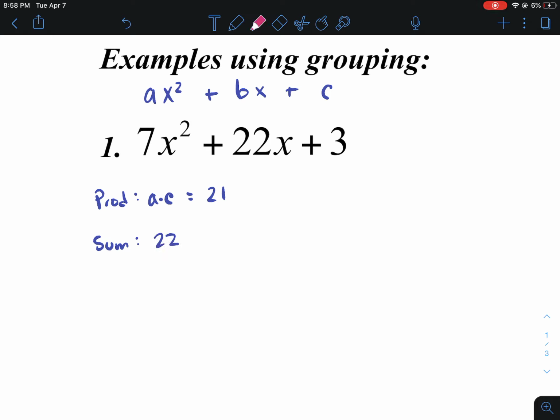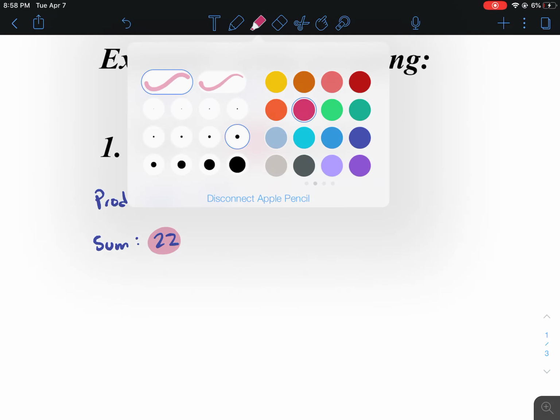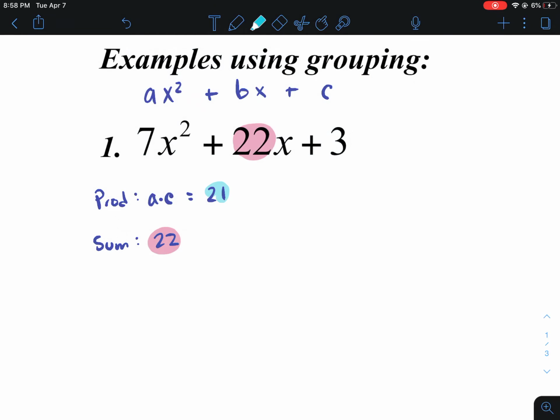And so let's play around with those factors of 21. 3 plus 7 is going to give us 10. 21 times 1, 21 plus 1 is 22. And so the numbers we want are 21 and 1, okay?